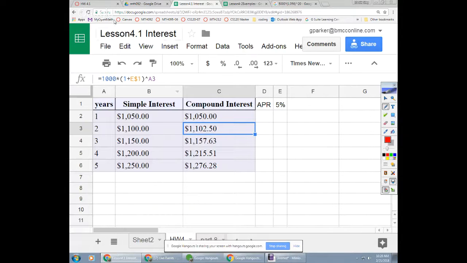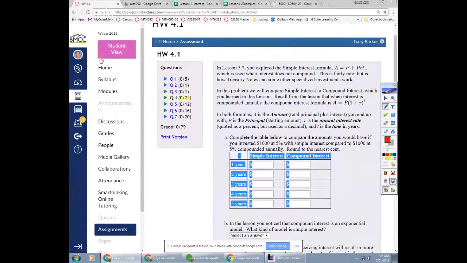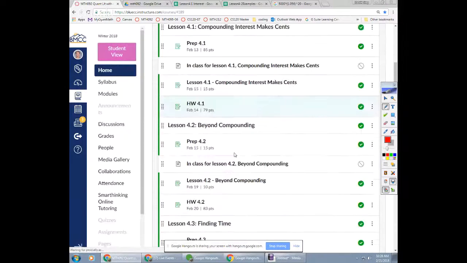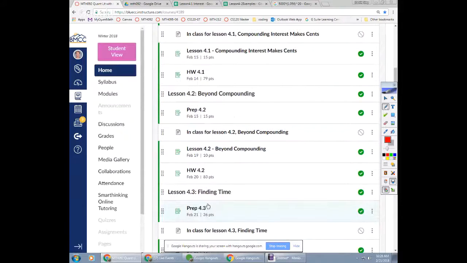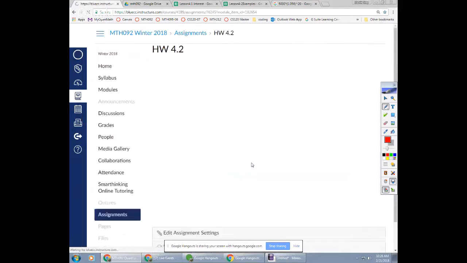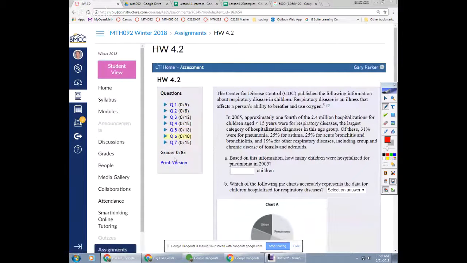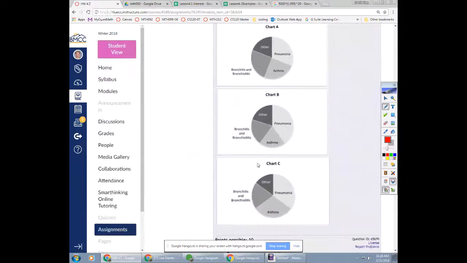Other homework questions. Homework 4.2, prep 4.2, prep 4.3 I asked you to look at last night. Homework 4.2, do you remember which one? I think it's one of the longer problems. Is it that one?